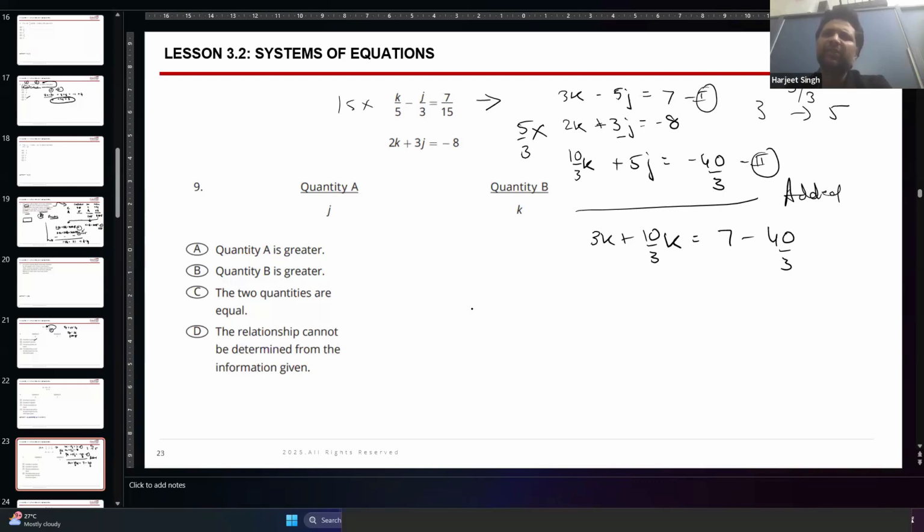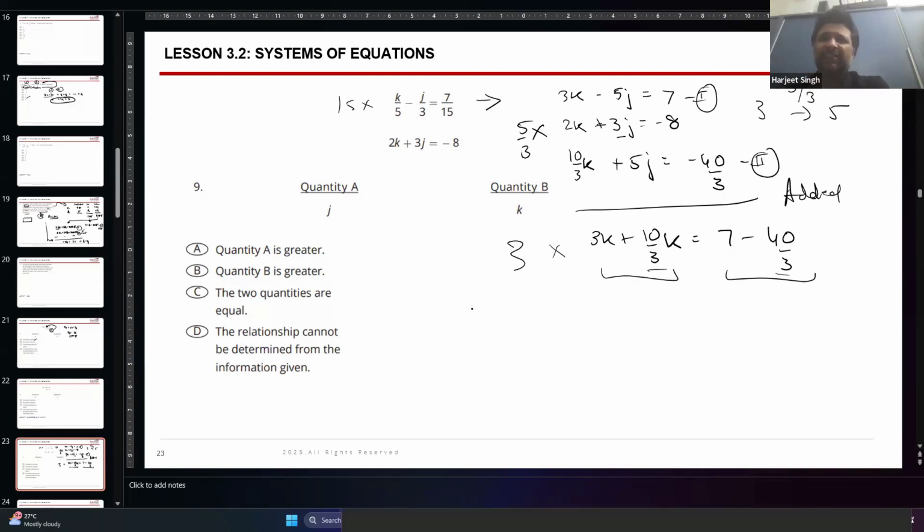What I generally do is I try to combine first and then use the calculator. So I'll combine the k terms and the constant terms. The LCM is 3, so I multiply both sides by 3, because 3 is common in the denominator.